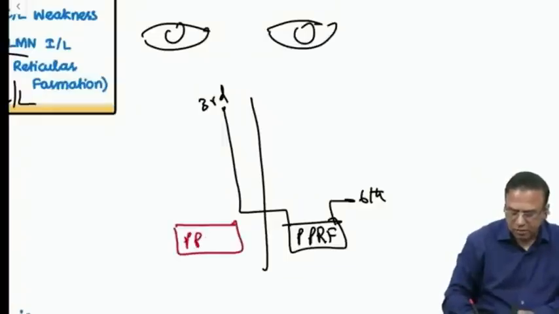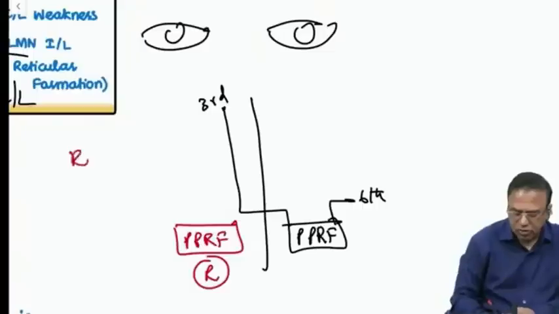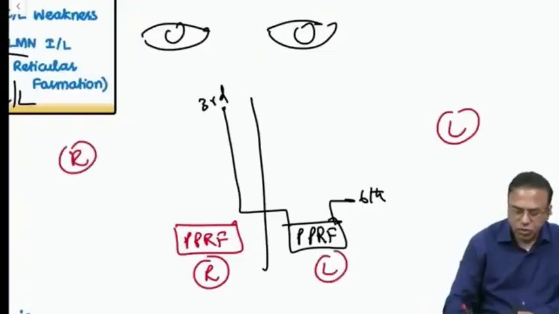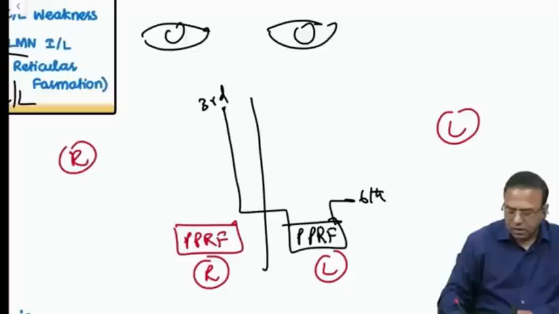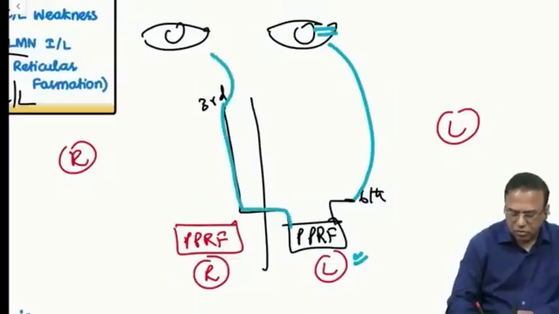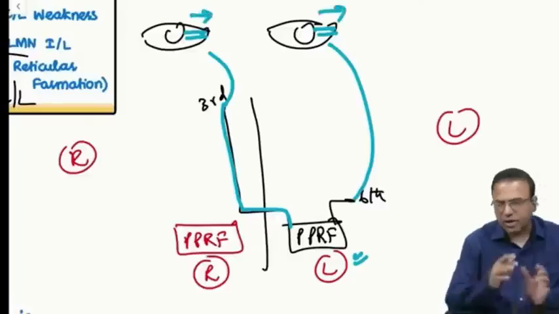There's a right PPRF, there's a left PPRF. The right PPRF will make the patient look to right side. The left PPRF will make the patient look to left side. So in order to look to left side, the left PPRF will fire. 6th nerve is activated. It will cause abduction of this eye, and through the MLF, it will activate the third nerve. Through the third nerve, it will contract medial rectus. So this eye and this eye synchronize, they move.